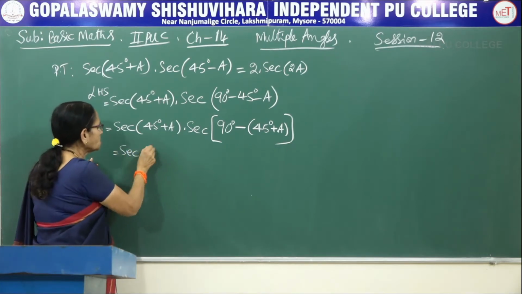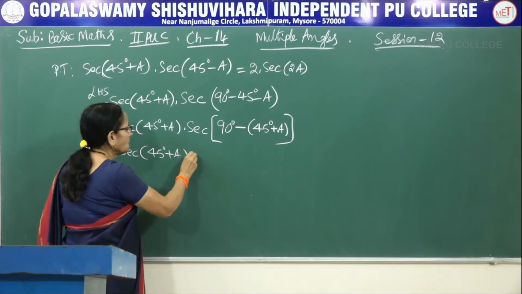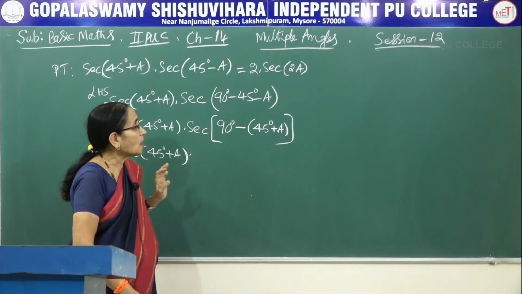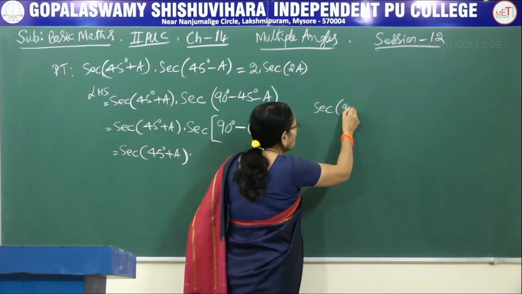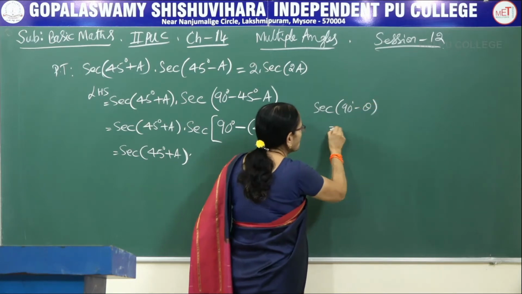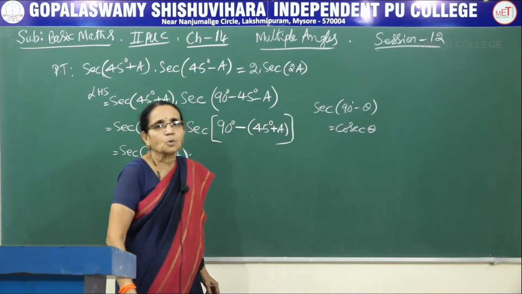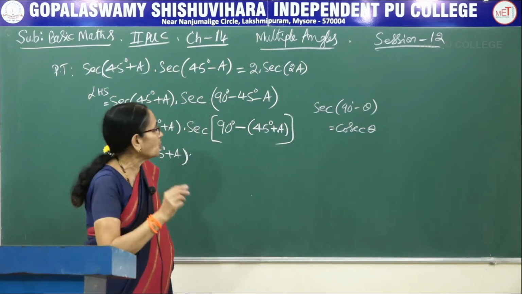Now, it is secant of 45 plus a into, here in this one, I am making use of the allied angle rule. I hope you remember that one. Secant of 90 minus theta is cosecant theta, because secant and cosecant are co-functions. We call them co-functions.